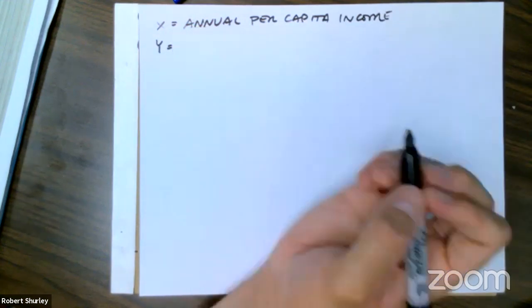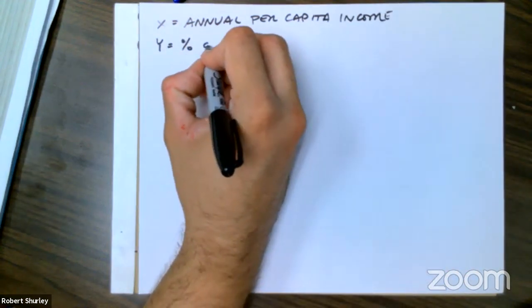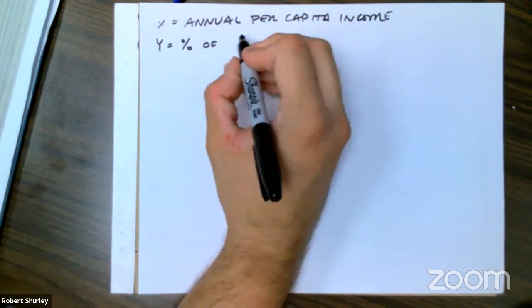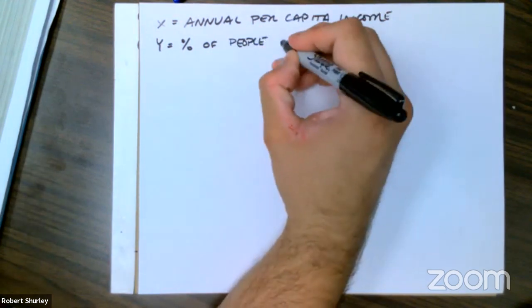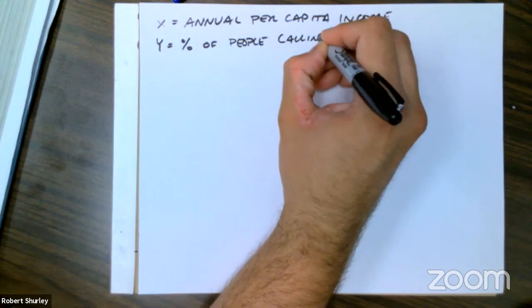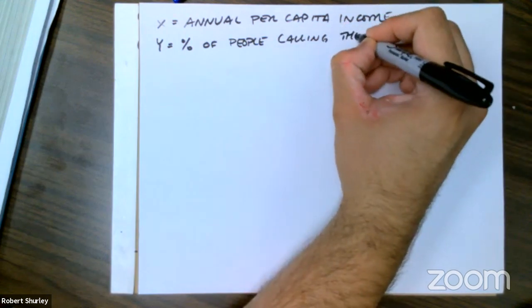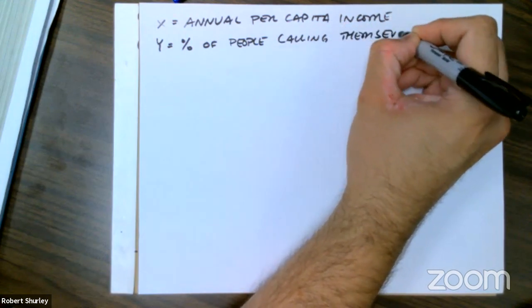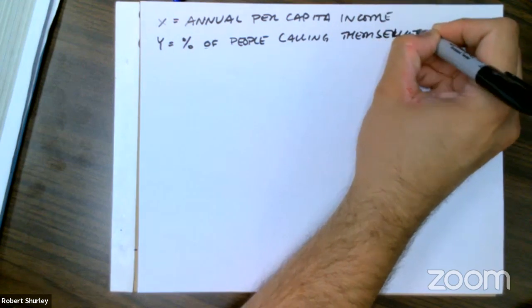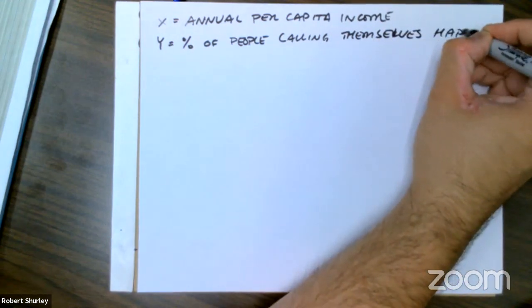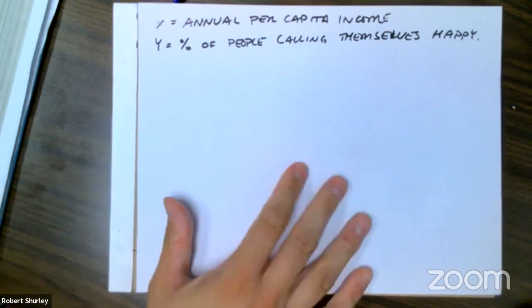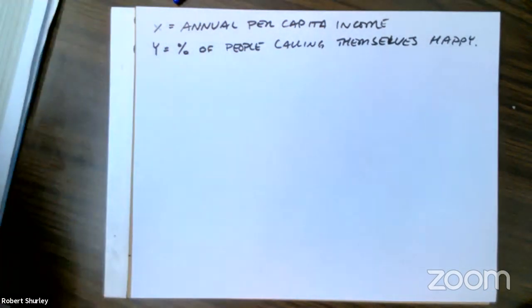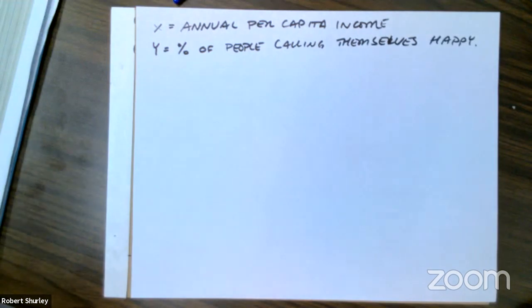And Y is percent of people in that country calling themselves happy. Okay, percent of people calling themselves happy for that country. So the coordinates are all countries.